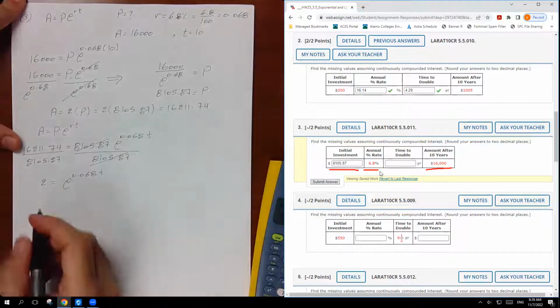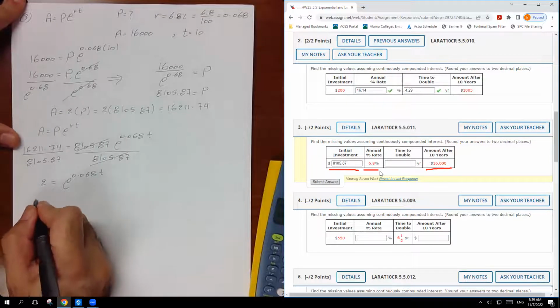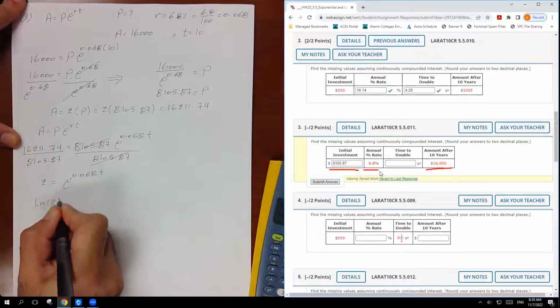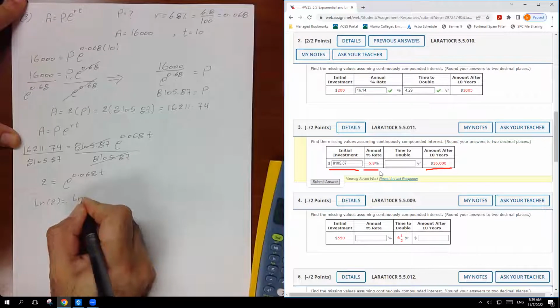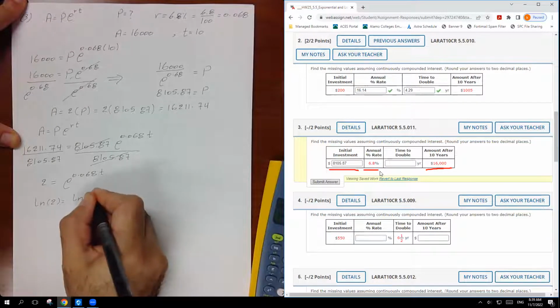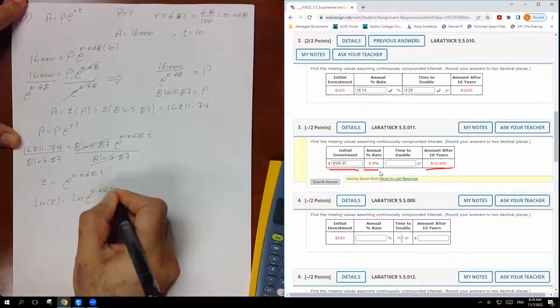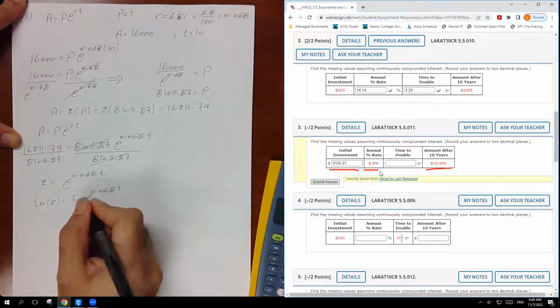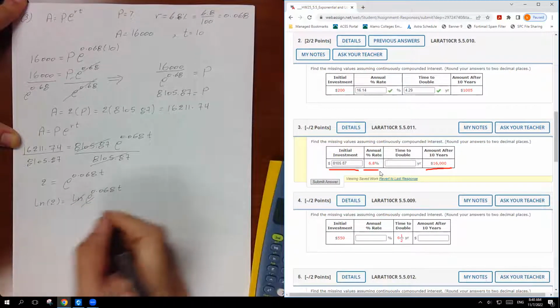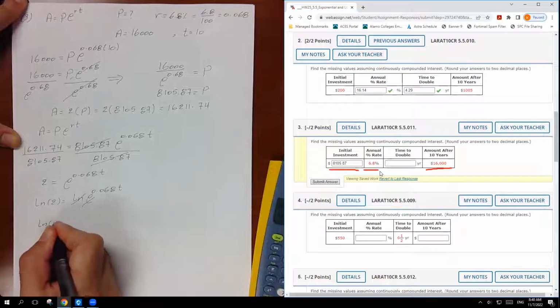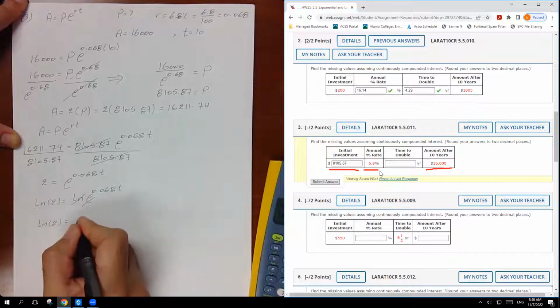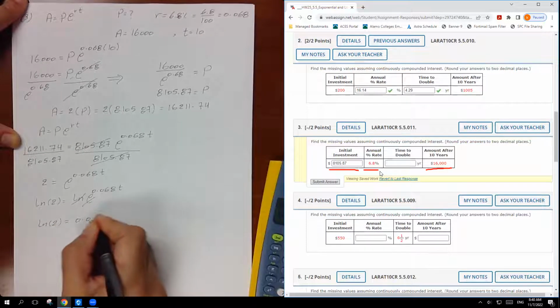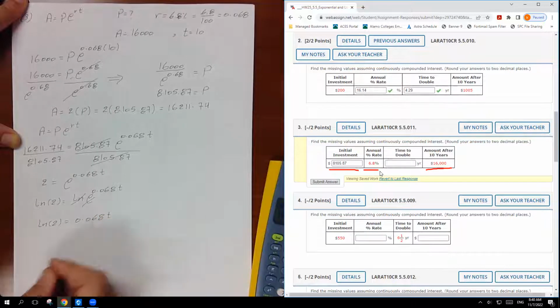So what I'm going to do, take ln to both sides. ln 2 is going to be equal to ln e to the 0.068 t. Cancel these. So ln 2 is going to be equal to 0.068 t.